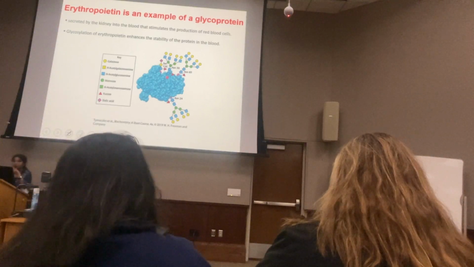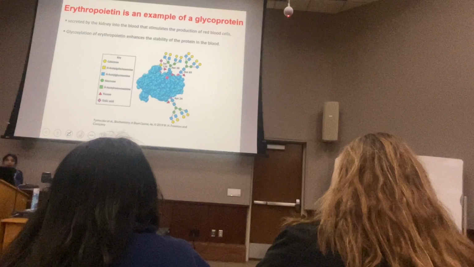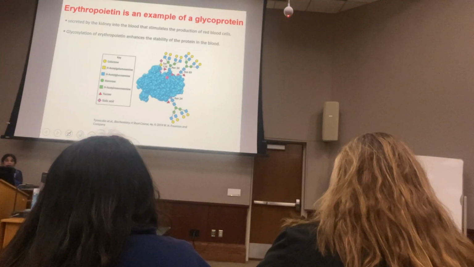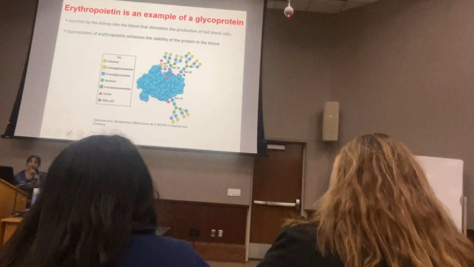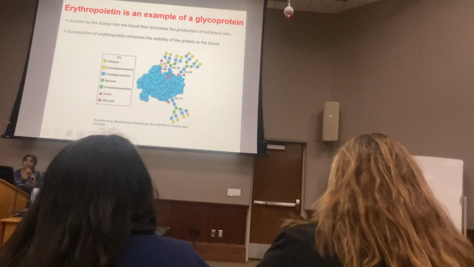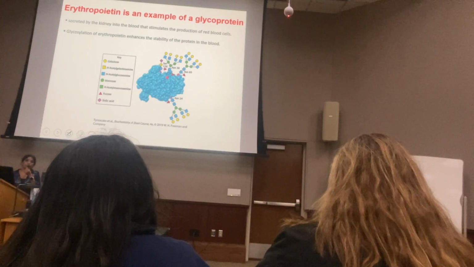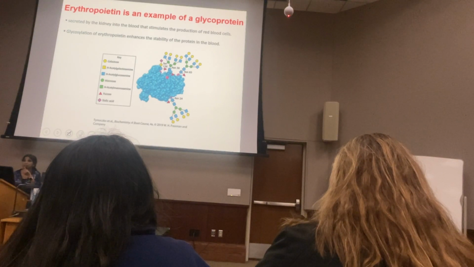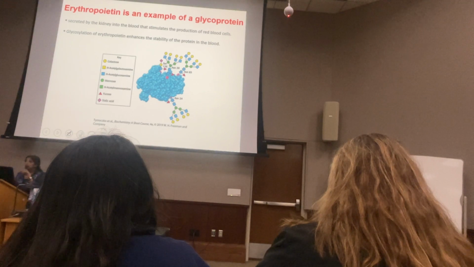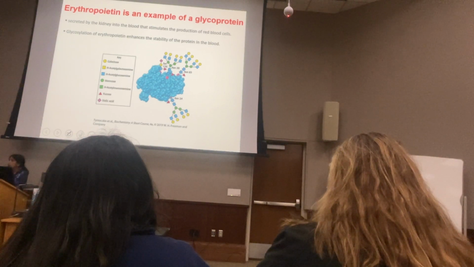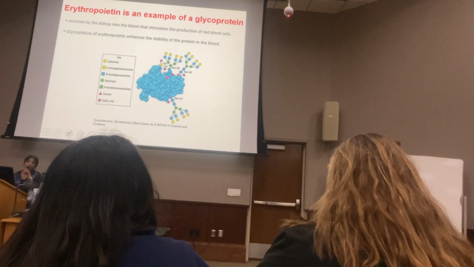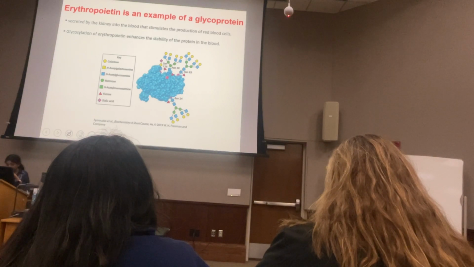When athletes take erythropoietin, they're able to tell if it's the regular one that the body produces or something that they have taken, by looking at the patterns of the sugar groups attached to it. There's a difference between the sugar groups that we normally make and those on the erythropoietin taken by the athlete. So they'll be able to tell if they've taken this particular molecule for endurance purposes.